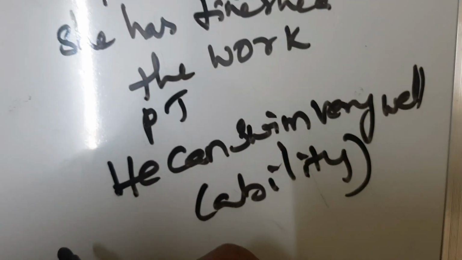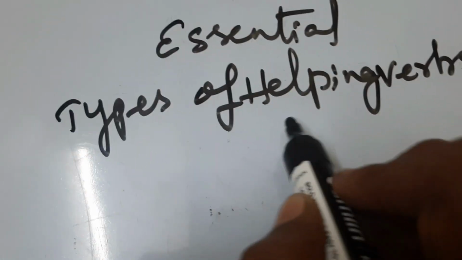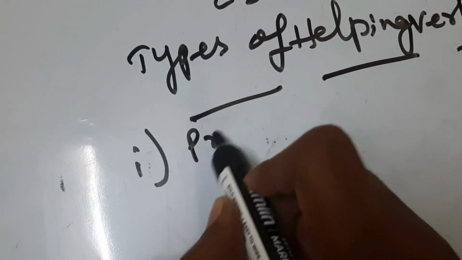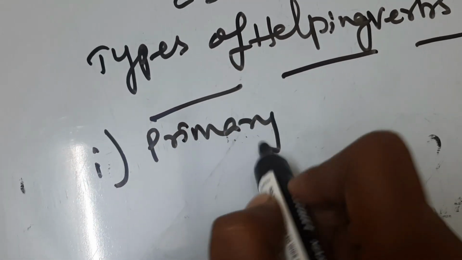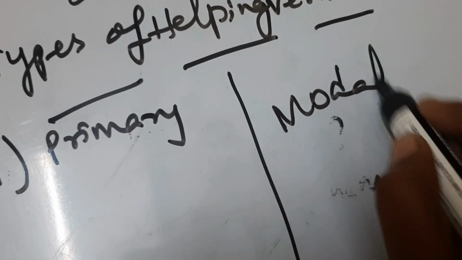We'll see the types of helping verbs here. We have two types of helping verbs: primary helping verbs and modal helping verbs.